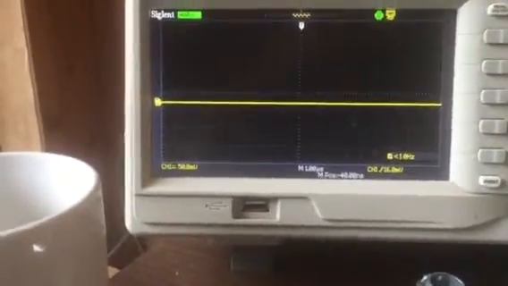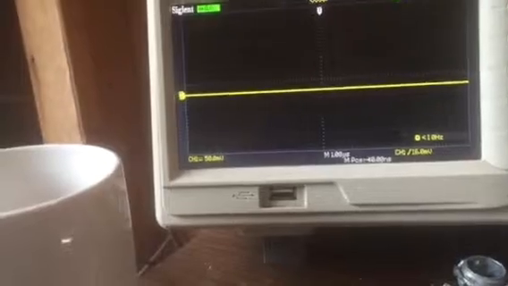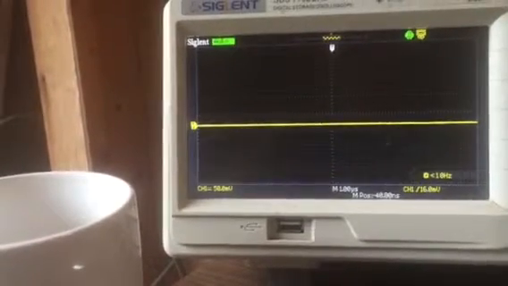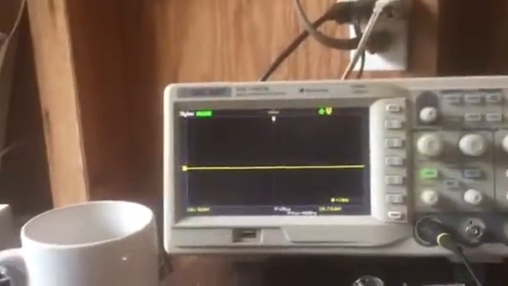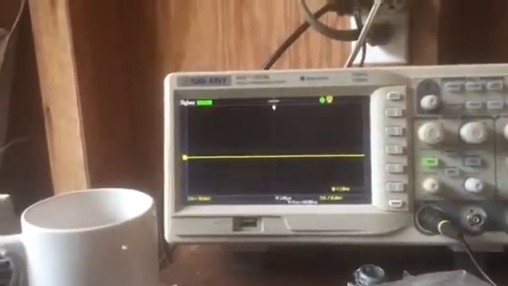So let's go ahead and turn it up a little bit. See if we see any difference. Nothing in the oscilloscope. I'll slow it down a little bit.